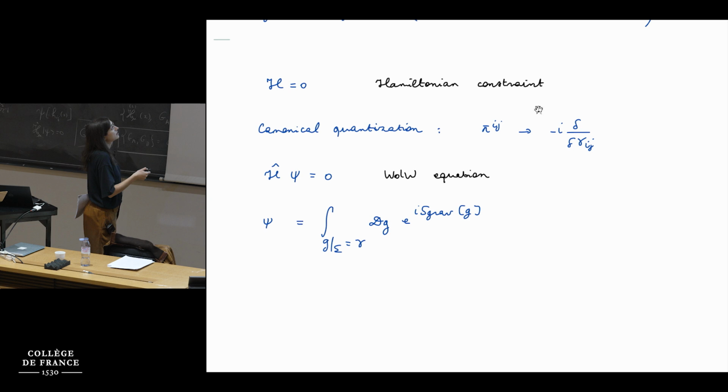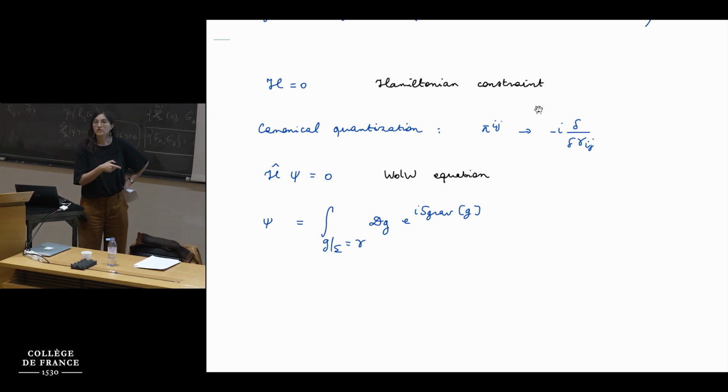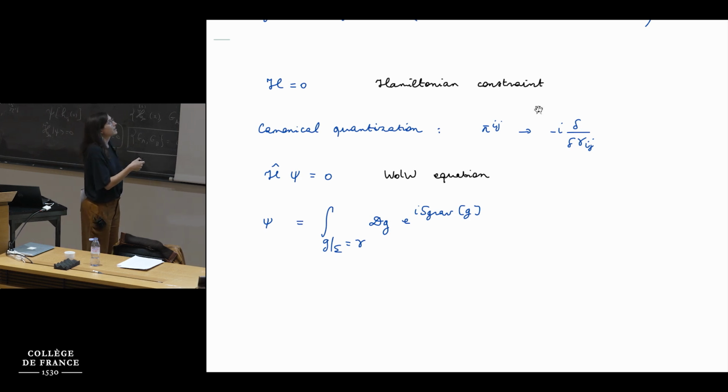If you do that in the Hamiltonian constraint, then you end up with a condition on allowed gravitational wave functions in the form of a differential equation that is called the Wheeler-DeWitt equation. Here I'm writing out the gravitational wave function. What I mean by the gravitational wave function in the coordinate representation is that this psi depends on gamma, or your q's, by this condition that the bulk metric on the slice equals gamma.